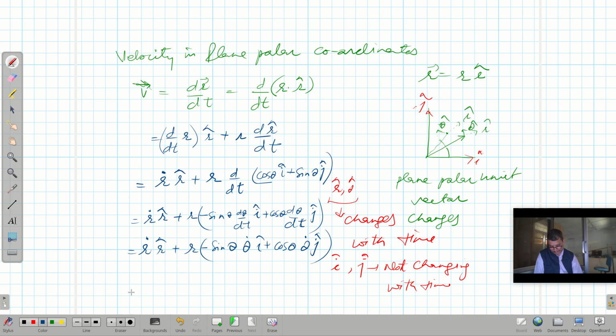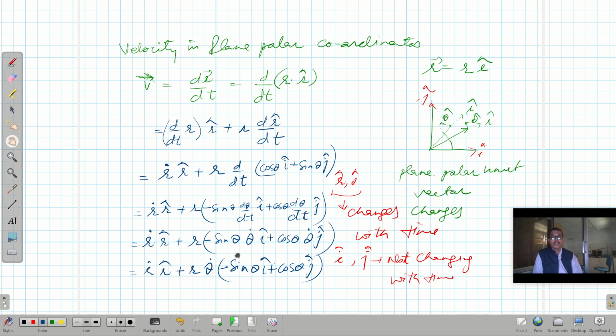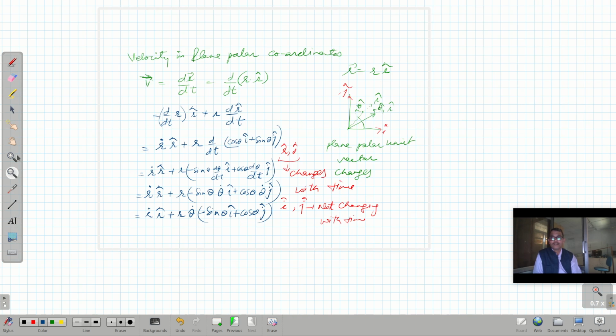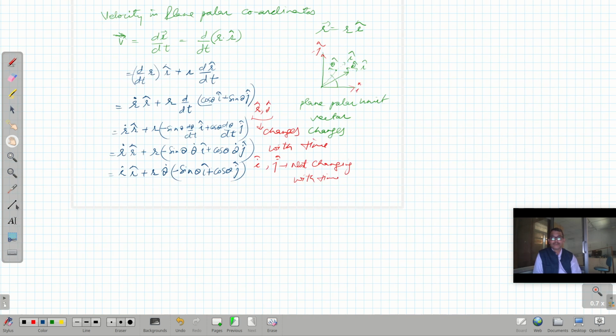Theta dot can be taken outside: r dot r cap plus r theta dot times minus sin theta i cap plus cos theta j cap, which is basically theta cap.